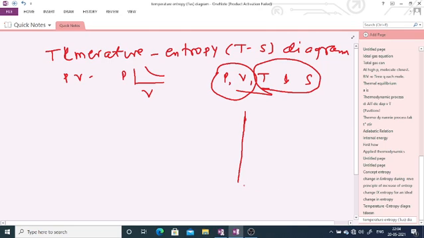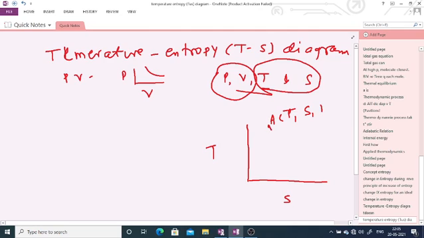We take the axes perpendicular to each other. So we got the TS diagram. So suppose there is a system at state A initially, having a temperature and entropy.